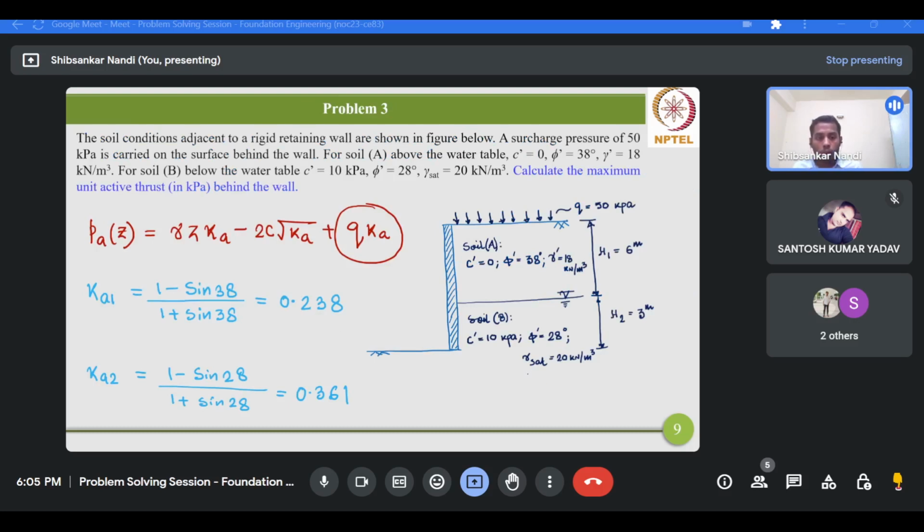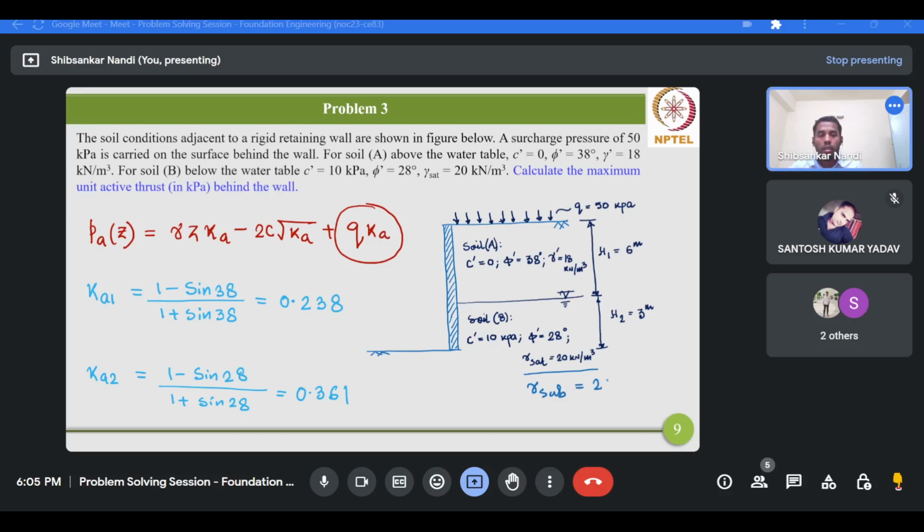First of all, the saturated unit weight of layer B is given as 20 kilonewton per meter cube. However, as you can see, the water table is at the interface between the two layers, soil A and soil B. Therefore, for soil B, when calculating the effective overburden, you have to consider the submerged unit weight of soil B. So you have to calculate the submerged unit weight beforehand.